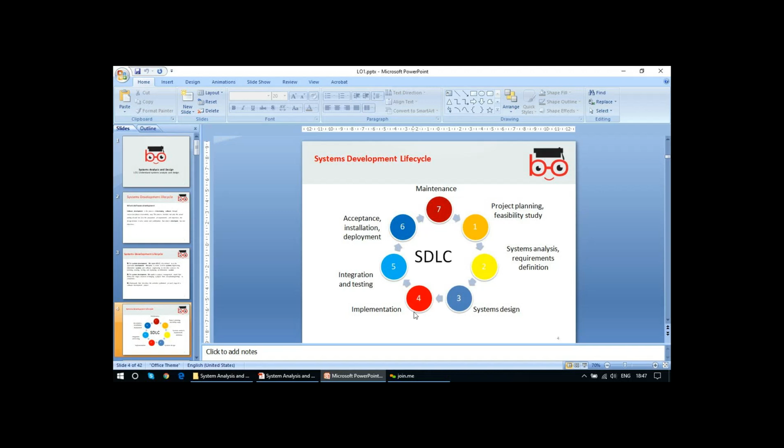Here more words are given, like feasibility, requirement analysis, integration, deployment. But overall, if you simply see, you have requirements, you create a design, you implement it.